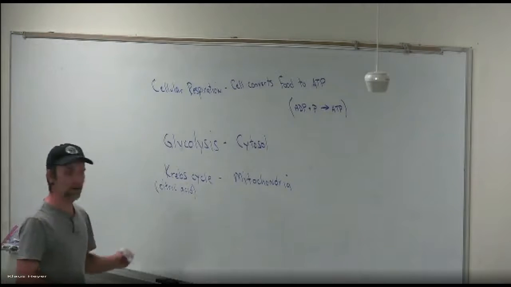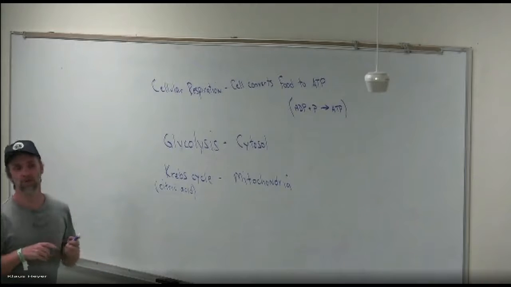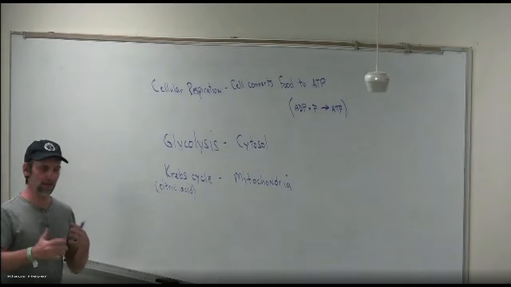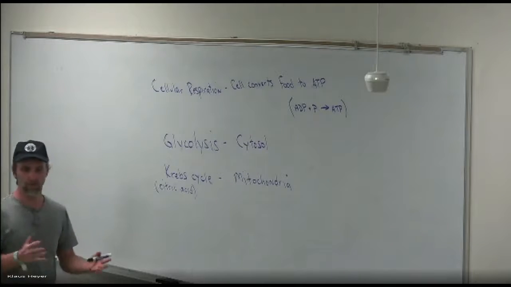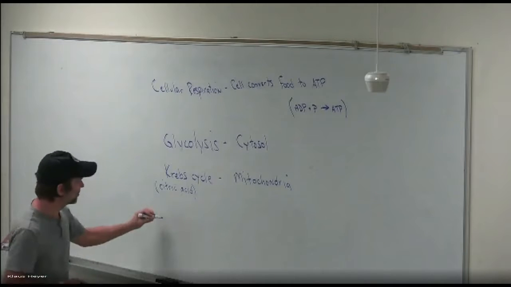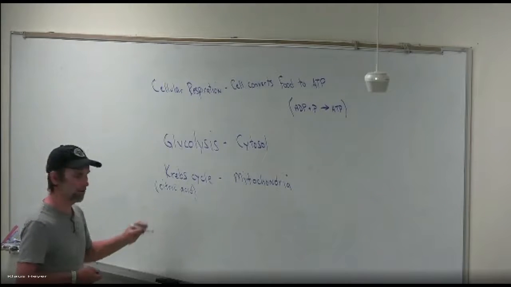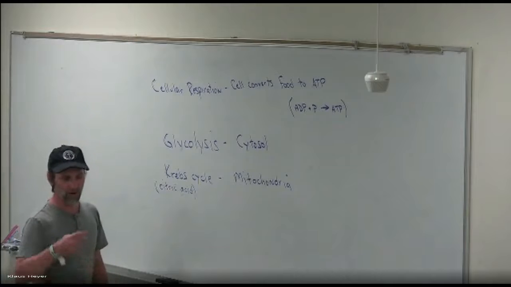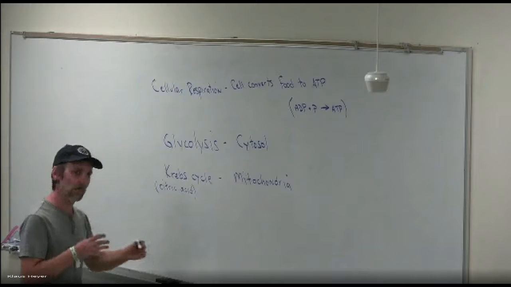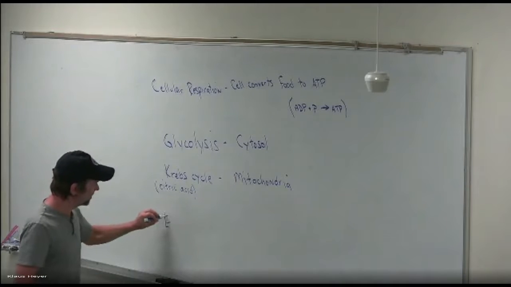And then the last part, your book takes this last part and breaks it down into some other steps. I'm calling it the electron transport chain, but it also might read oxidative phosphorylation or chemosmosis. We're just going to call this the electron transport chain.